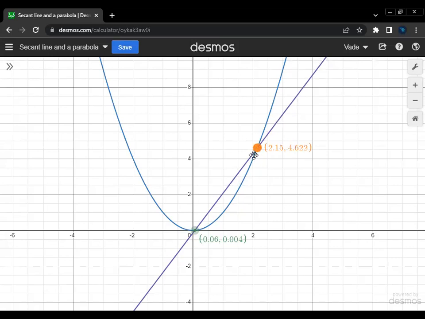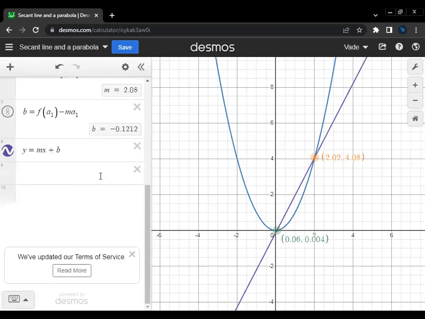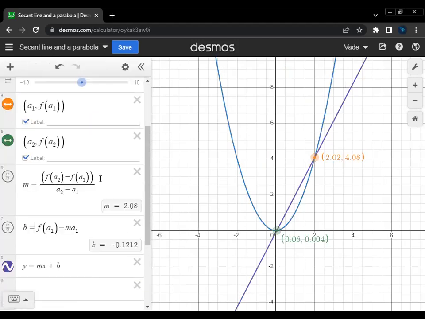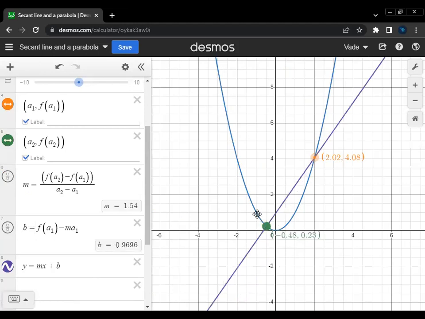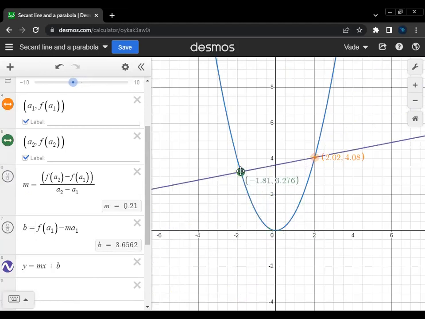For example, I want to find the slope of the curve at this point. So how will you get it though? I will try to use a secant line. Let's observe the slope of the secant line.